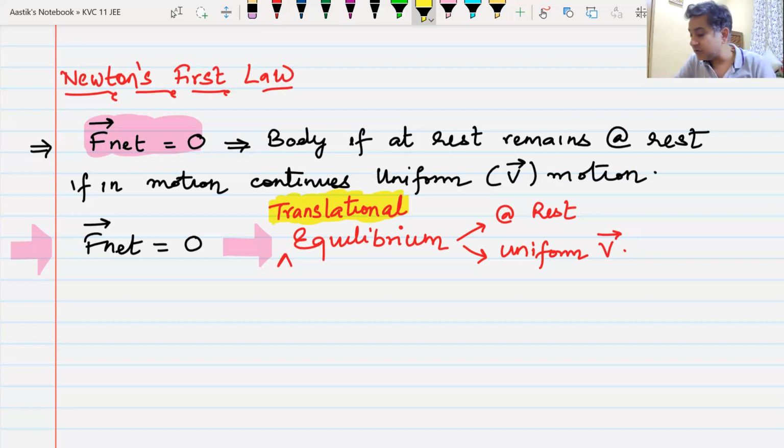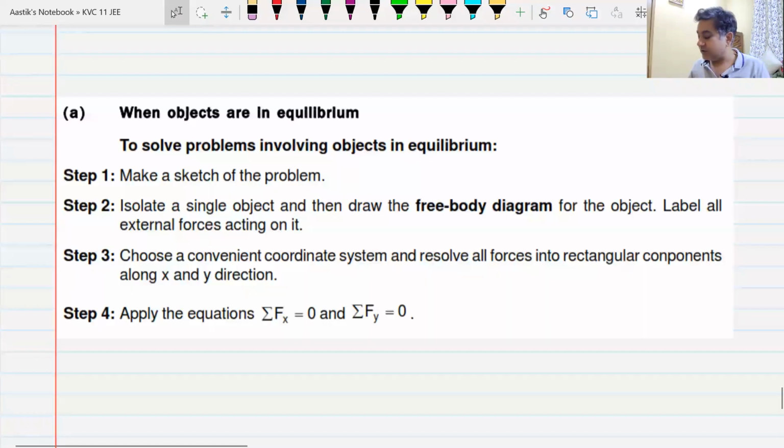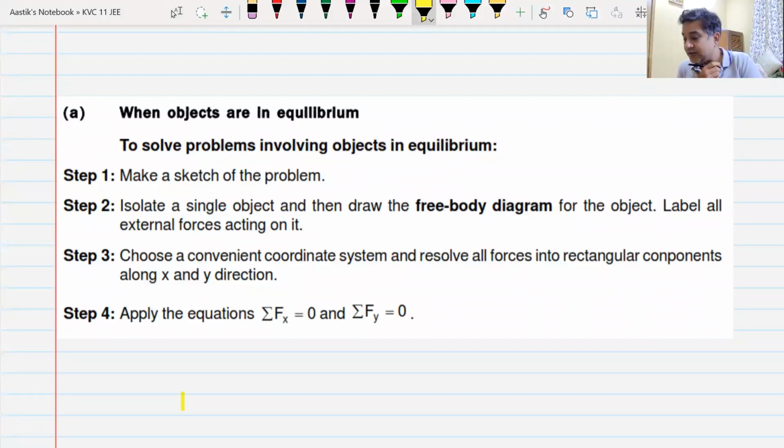I'll give you that step by step, and instead of me writing, since I'm going to say the same thing, I will just show it. How do you solve problems when bodies are in equilibrium? The first step is always to draw a sketch of the diagram.